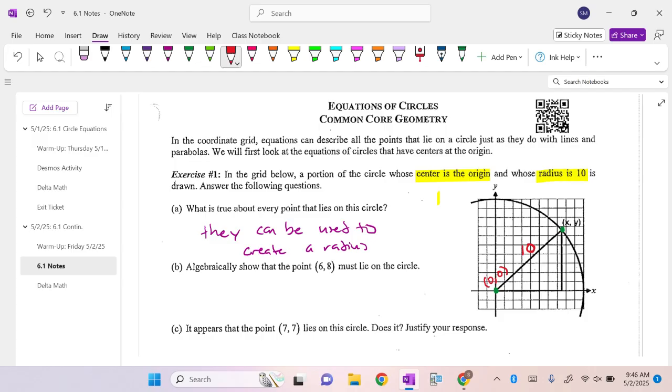That being said, what's my equation of the circle? You got this? Okay.